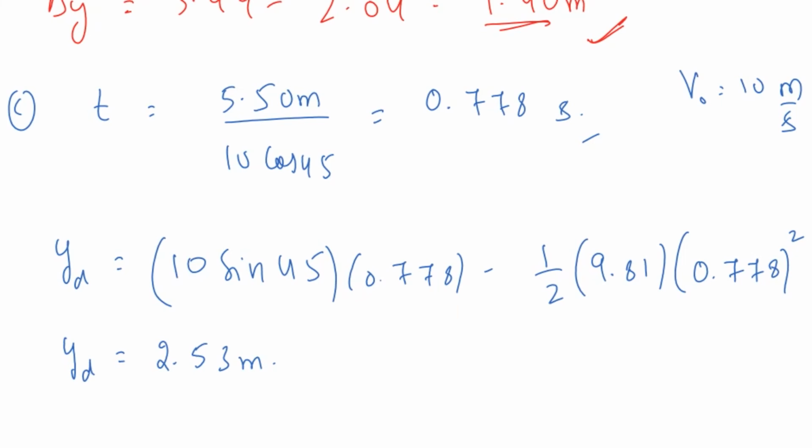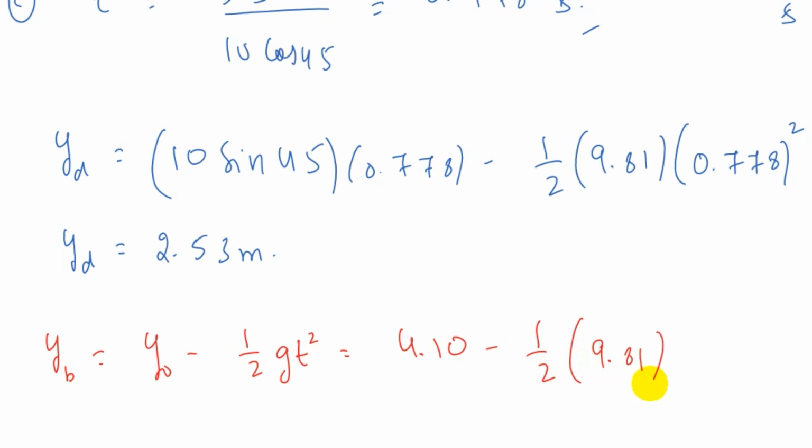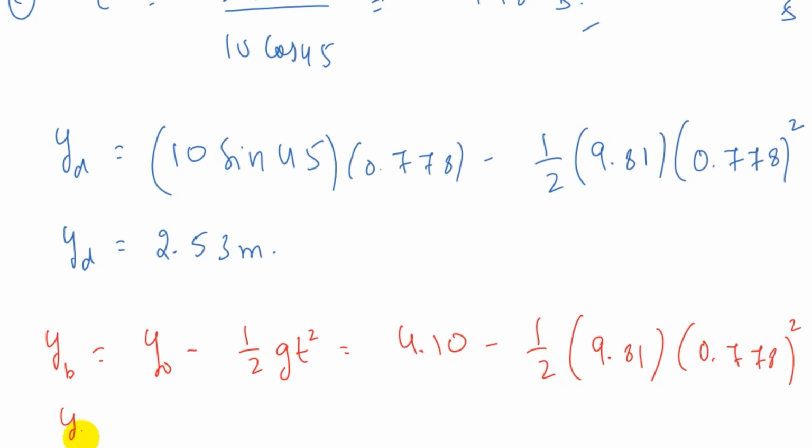Now find the position for the ball corresponding to this time, YB. So YB would be Y0 minus 1 over 2 G T squared. Y0 is 4.10, same as above. 1 over 2, G is 9.81, T is 0.778 and its whole square. Now from here, YB comes out to be 1.13 meters.